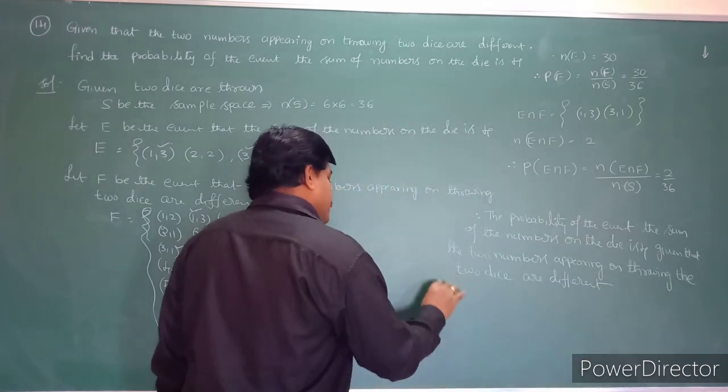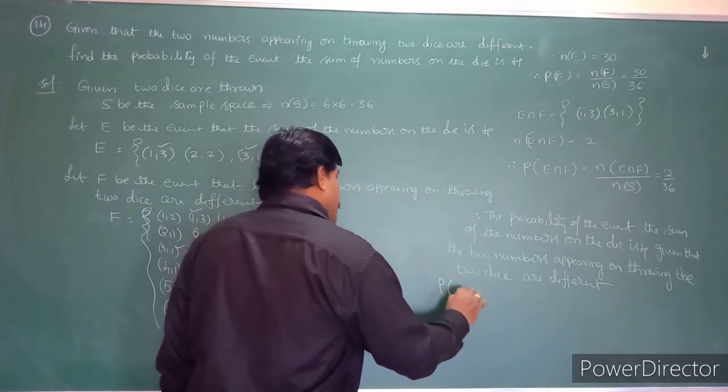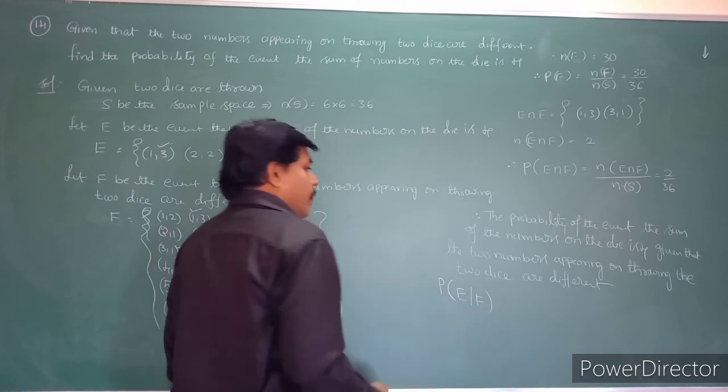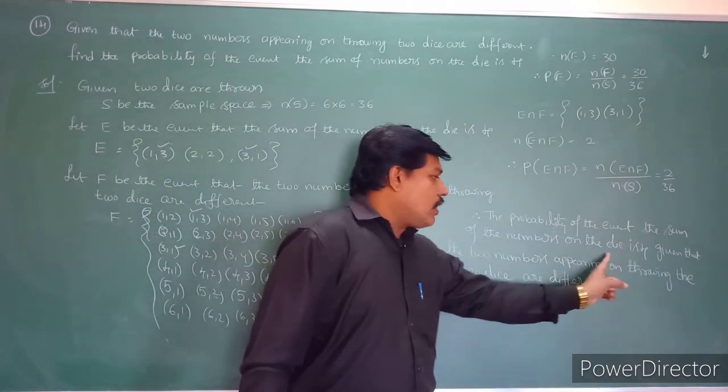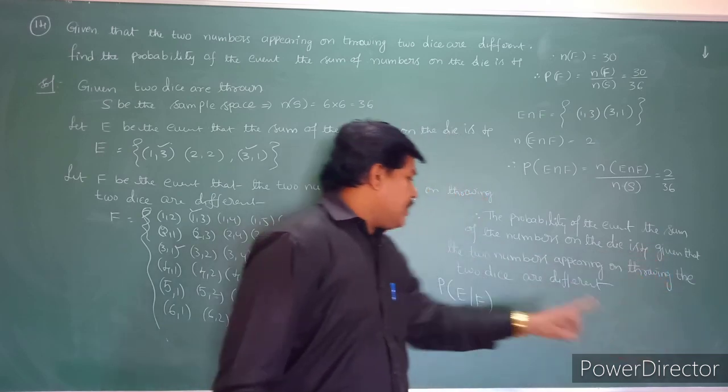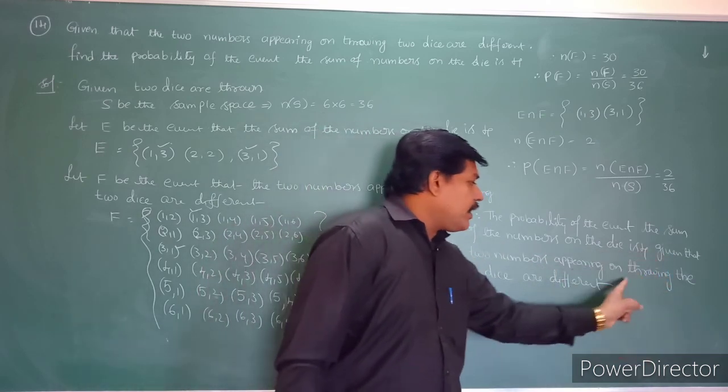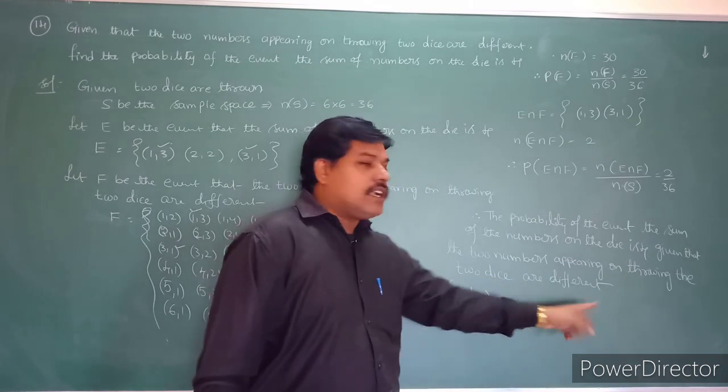What is this probability, students? This is nothing but probability of E given F. The probability of the event, the sum of the numbers on the die is 4 given that the two numbers appearing on throwing the dice are different.